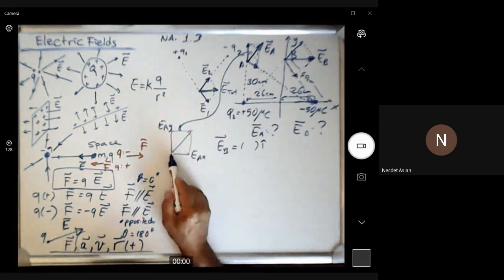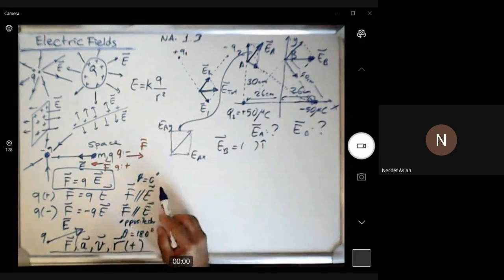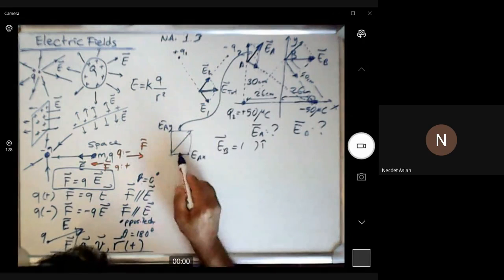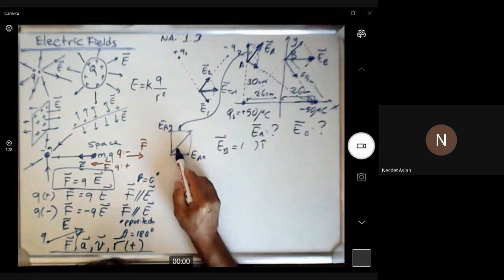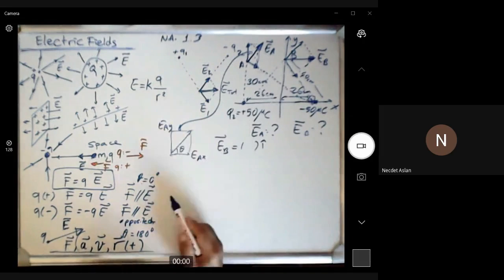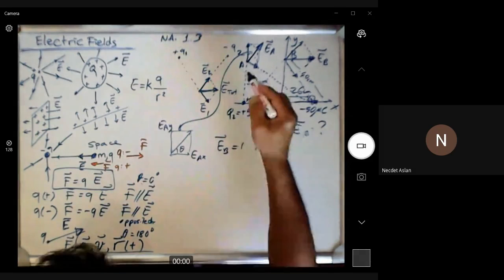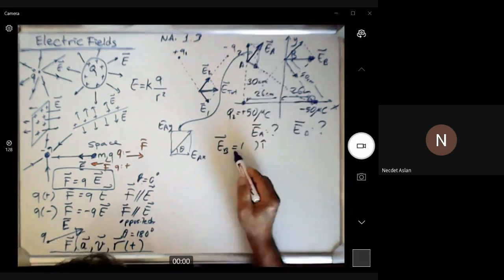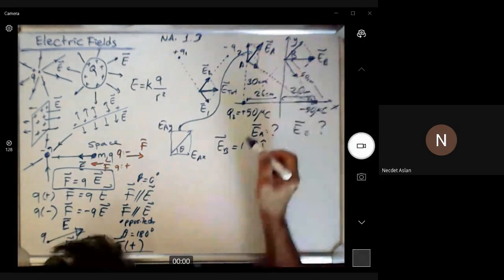In order to find x and y components, we have to know these angles. What is this angle? We can do that, but before that, let's find this EB because it's very simple.